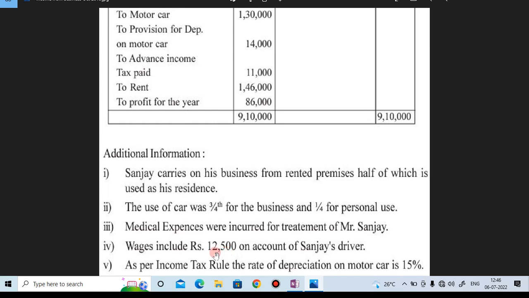So 1/4 of this 12,500 is called disallowed expenses. Why? Because the car is used for personal use.